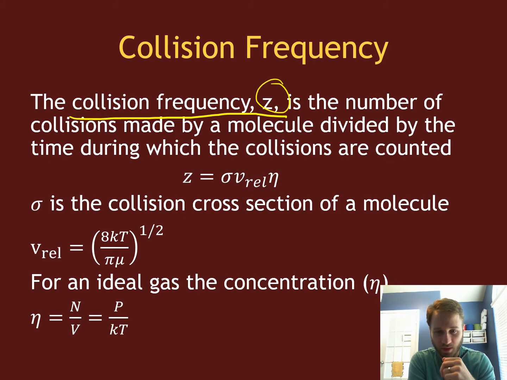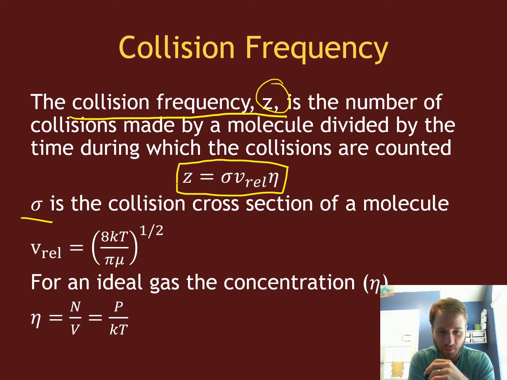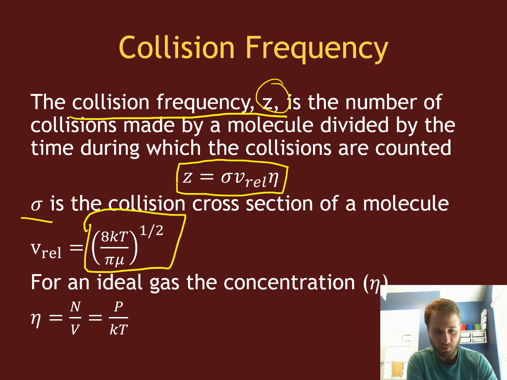This has this relationship here for an ideal gas, where sigma is the cross-section of the molecule. It's roughly the size, the interaction size of that molecule. V_rel is the relative velocity. You get that from the Boltzmann distribution function, and it has this relationship with the Boltzmann constant, temperature, and then mu here is your reduced mass.